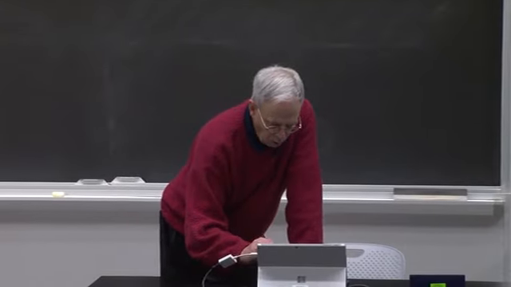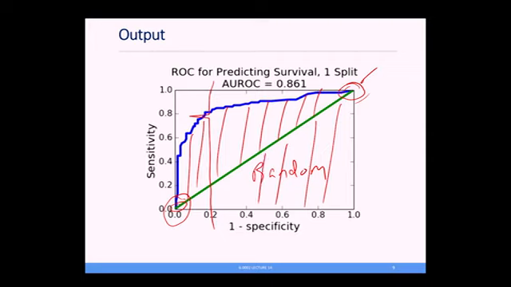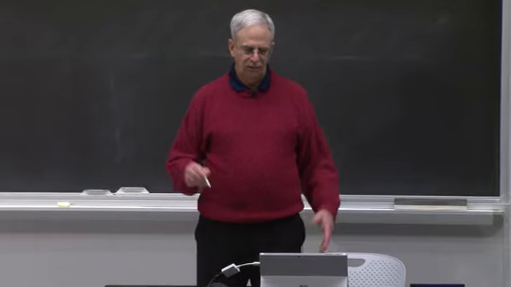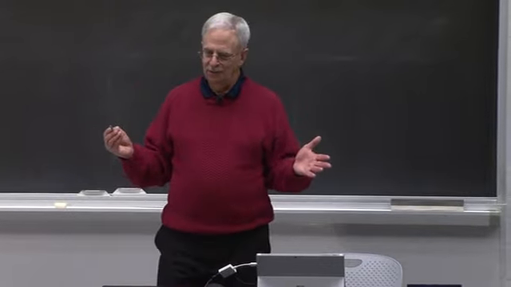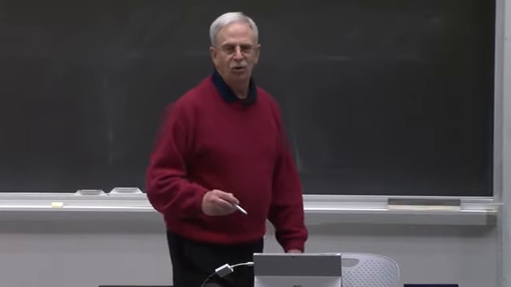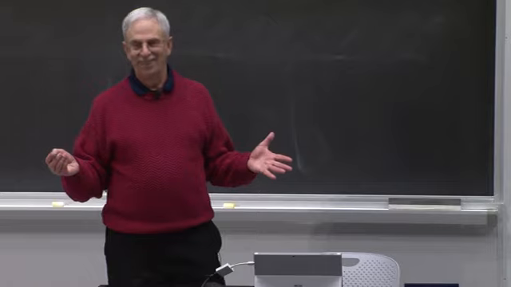I can look at the whole area, the area under the curve, and that's this, the area under the receiver operating curve. In the best of all worlds, the curve would be shaped like, it would be 1, right?